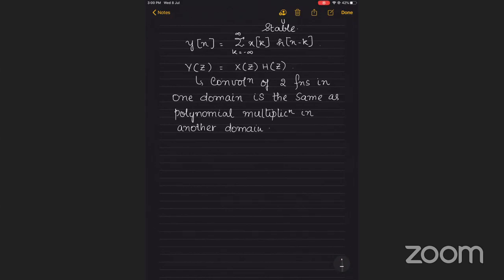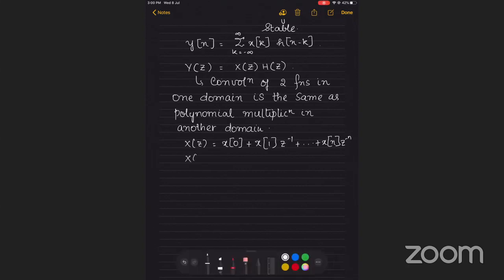X of z is x of 0 plus x of 1 z power minus 1 plus etcetera, up to x of n z power minus n. H of z is h of 0 plus h of 1 z inverse plus etcetera, up to h of n z power minus n.